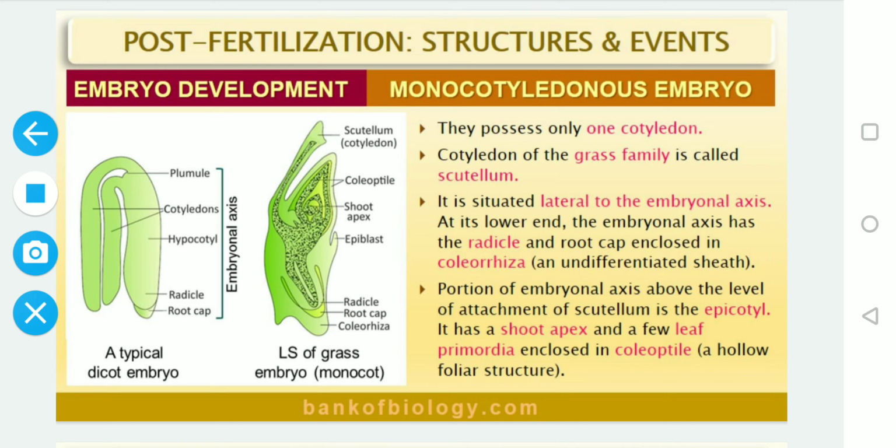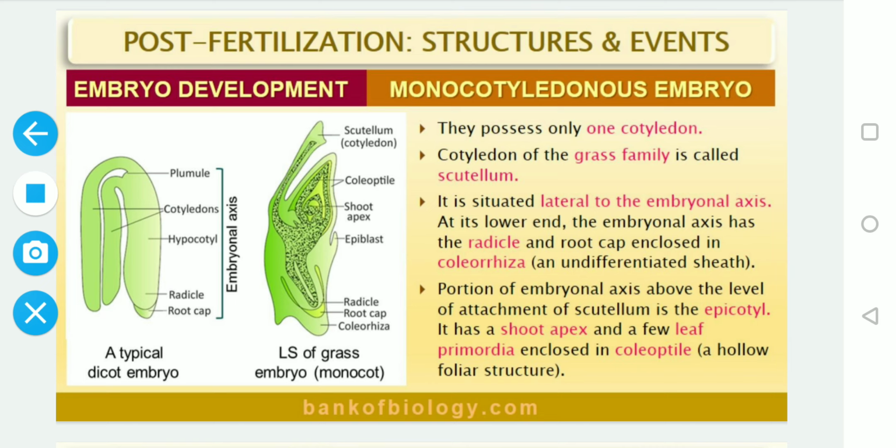The cotyledon of the grass family, which I have told you many times is commonly known as Gramineae or Poaceae, is called the scutellum, and it is situated lateral to the embryonal axis. At its lower end, the embryonal axis has a radicle and root cap enclosed in the coleorhiza. Remember, the coleorhiza is an undifferentiated sheath.